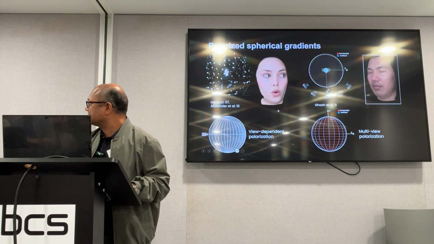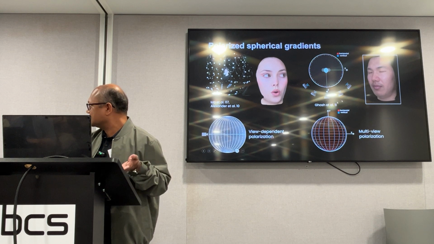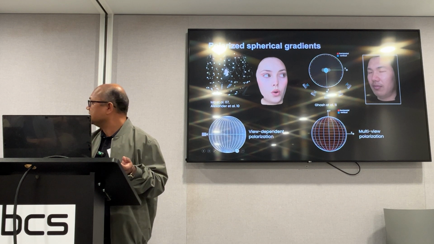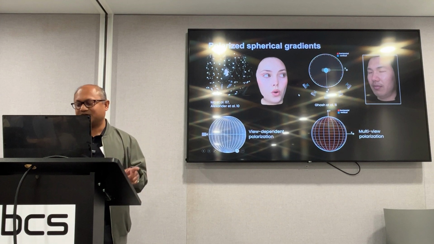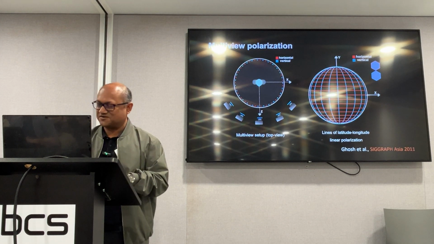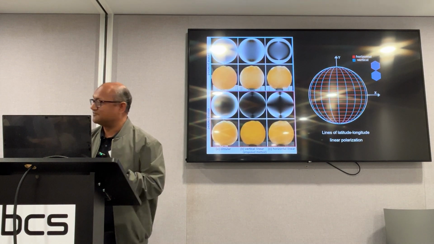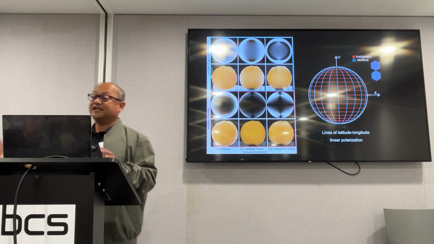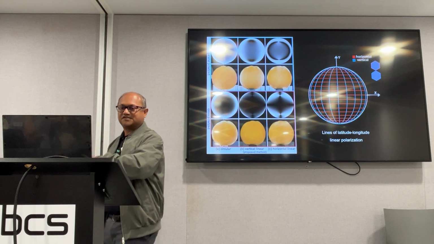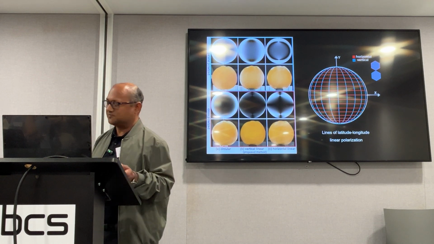I had to do a lot of analysis to prove that this is the optimal way to do it. This only works when you have a fixed vertical polarizer on your cameras, and it doesn't work if you have a horizontal one. Here's a little bit of analysis where we compared this to various combinations, including a completely obvious possibility, which is circular polarization.